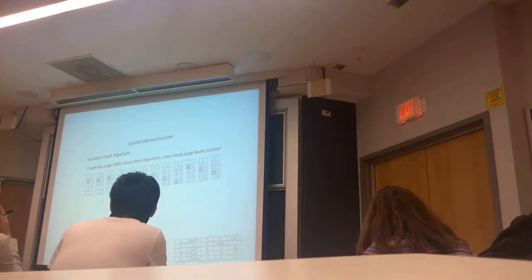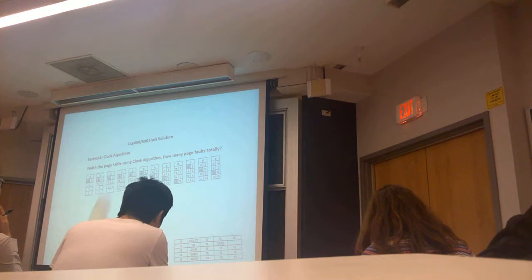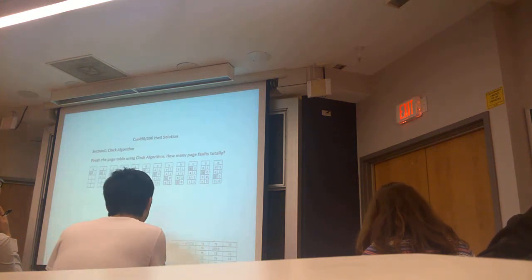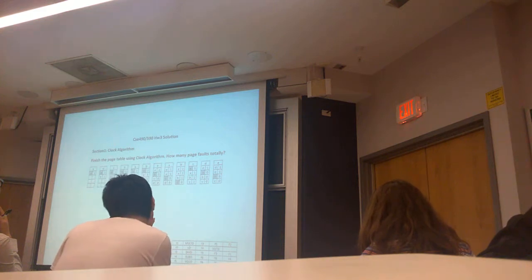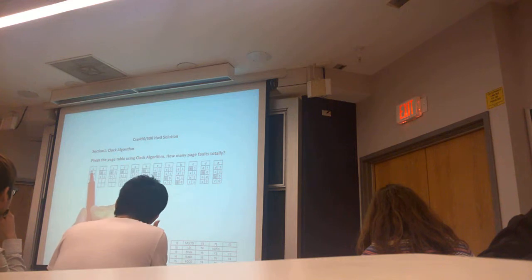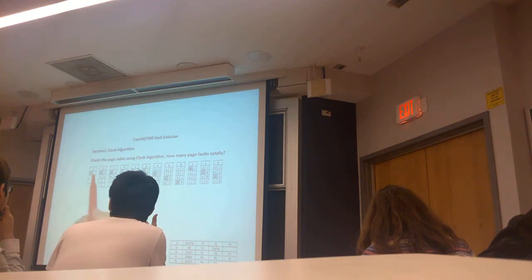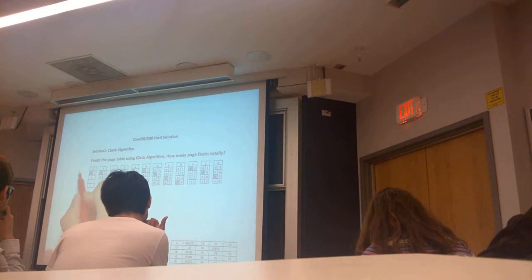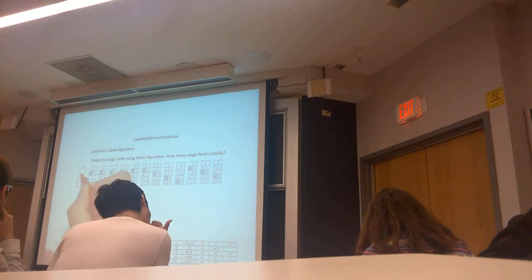Here is our homework, and here is the solution of the homework, right? The first row is the values we would like to access, and the remaining table is the page table. And the initial status here, we will say it's empty.